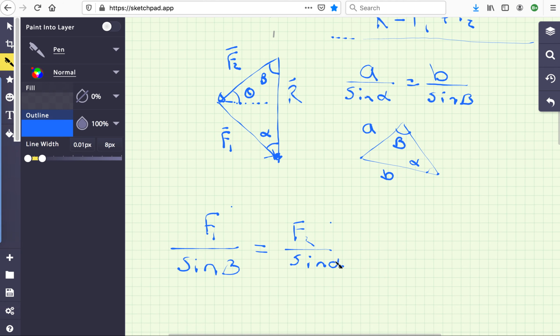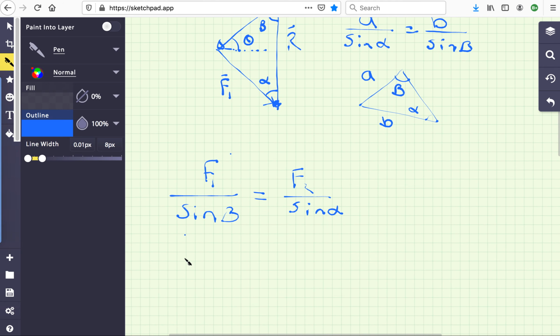And that's how we can figure out what beta is. So let's figure that out. We can rearrange this and say the sine of beta is equal to F1 divided by F2 times the sine of alpha.